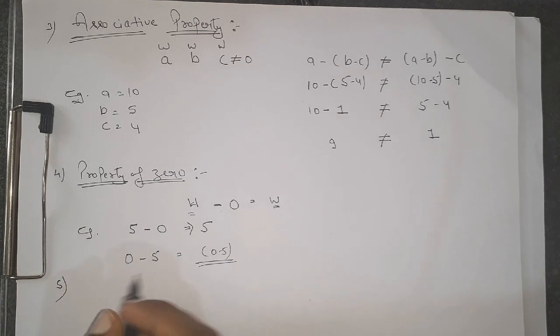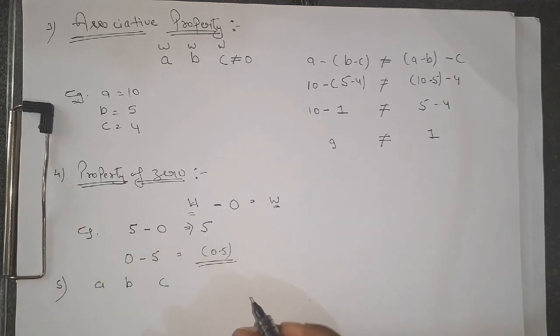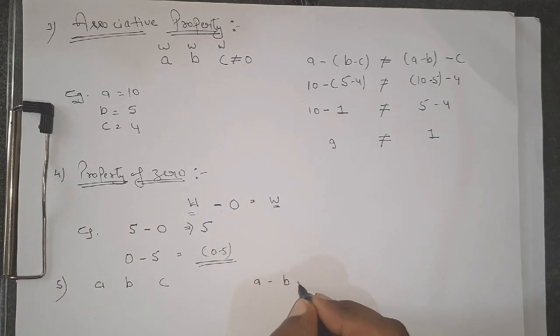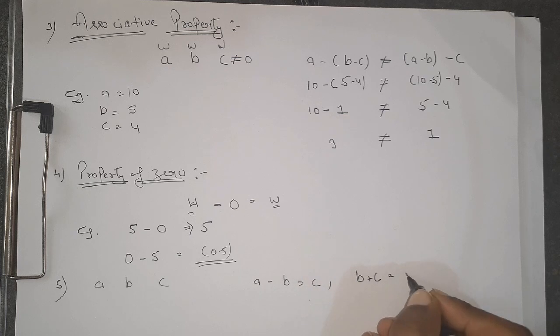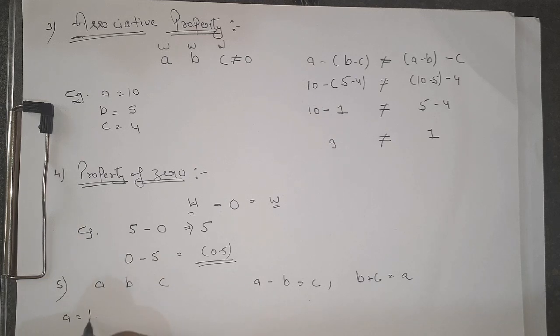Now next is, if a, b and c are whole numbers, and they are such that a minus b is equal to c, then b plus c will be equal to a. So if I say that a is equal to 10, b is equal to 5, and c is also 5.